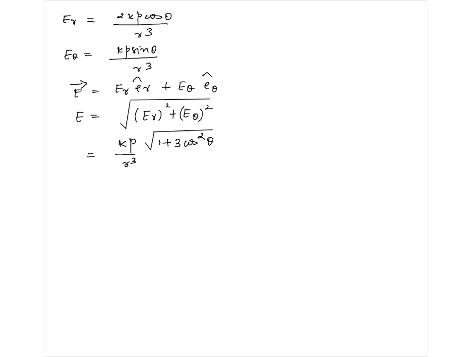Now, earlier I talked about the axis of dipole.